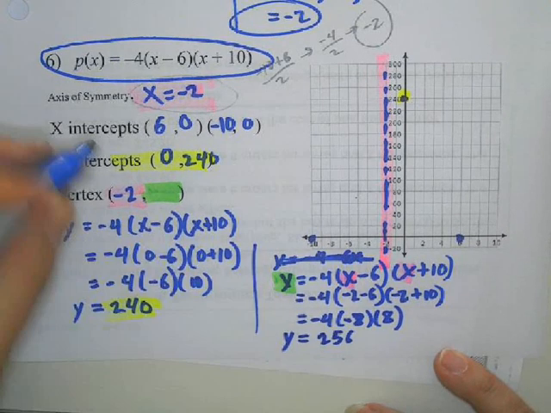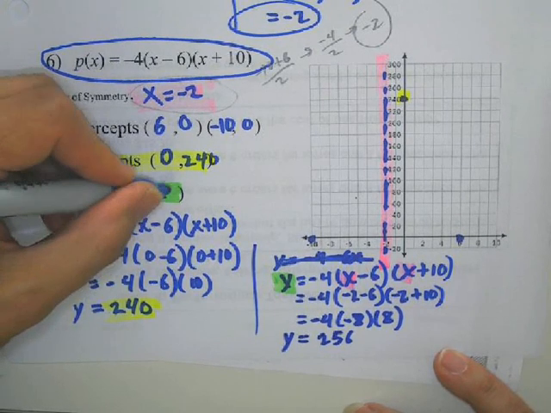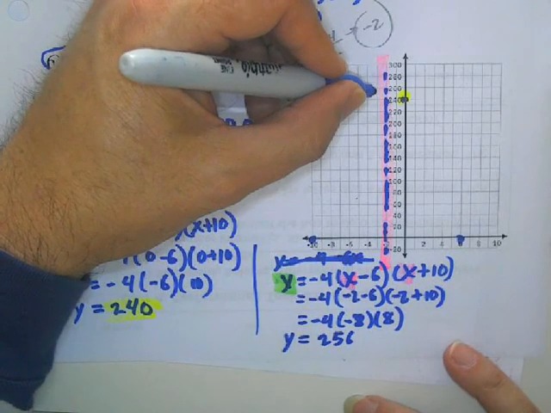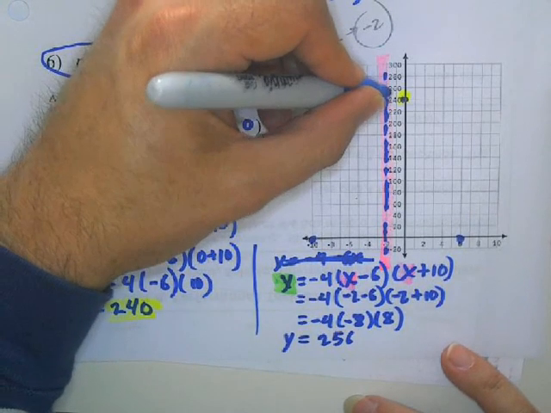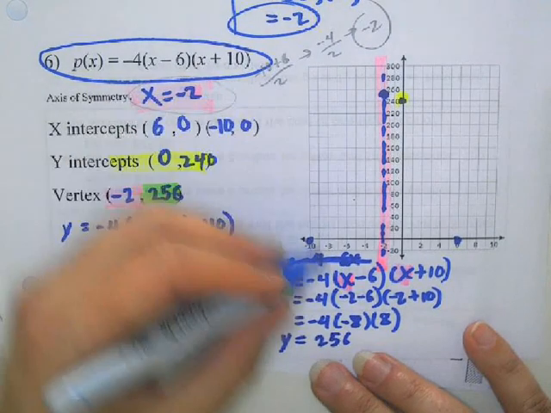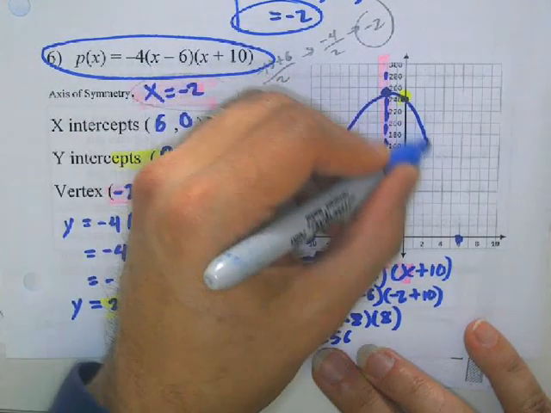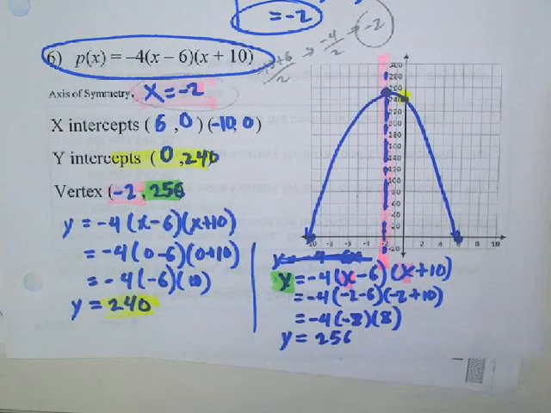And so this is going to be 256. So that's going to be up here. Okay, and so then our graph looks like that. And hit pause, hit replay. Hopefully this helps you.